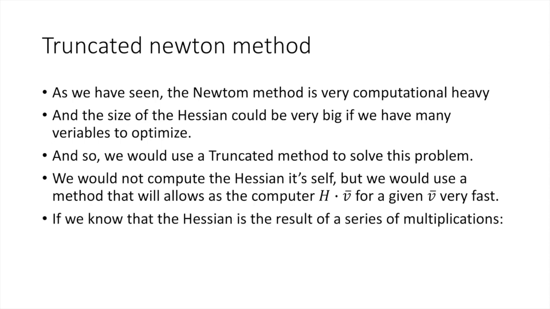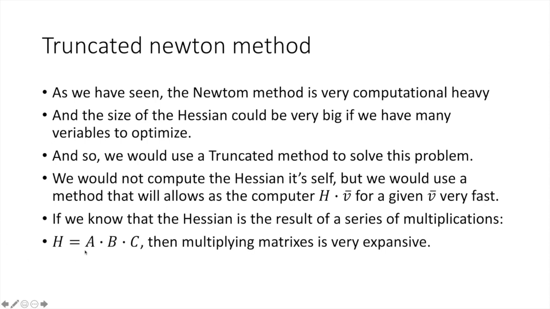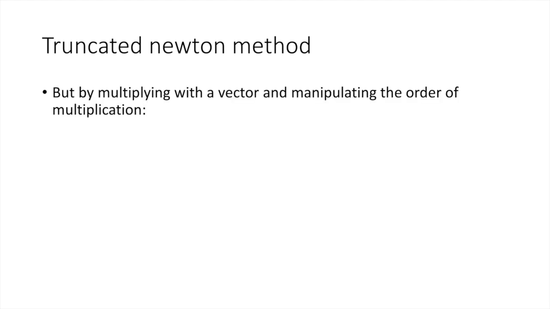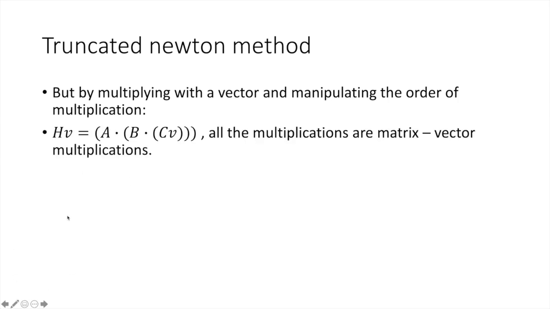If we know that the Hessian is the result of a series of multiplications, for example, the Hessian is the matrix A multiplied by a matrix B multiplied by a matrix C, then multiplying these matrices and actually computing the Hessian is very expensive. But if we manipulate the order of multiplication, we know that H multiplied by V is A multiplied by B multiplied by C multiplied by V. So if we only multiply C with V, we do a matrix vector multiplication.